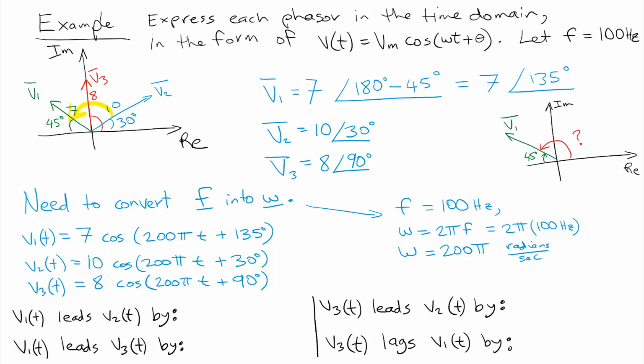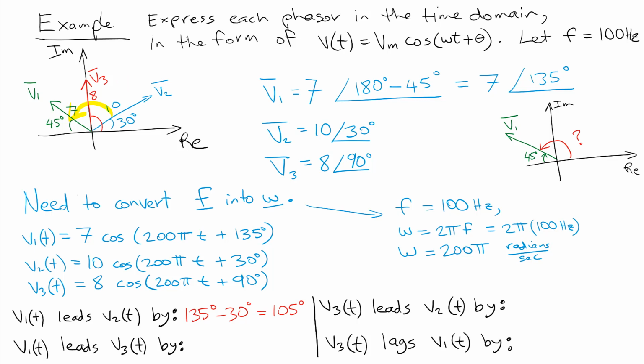We can write it out. It's going to be 135 degrees minus 30 degrees, that's what V2 is, and that is equal to 105 degrees.